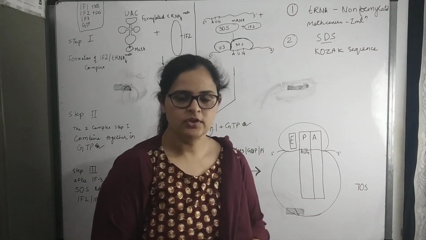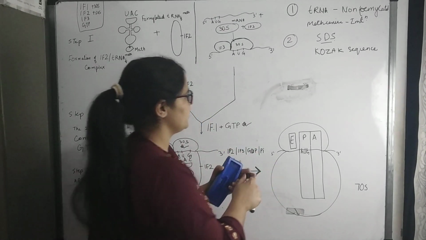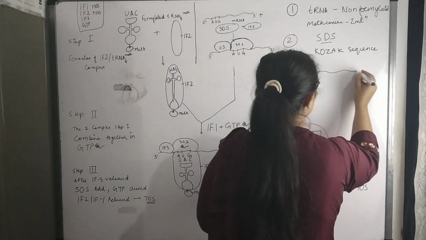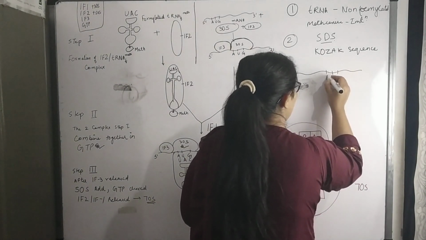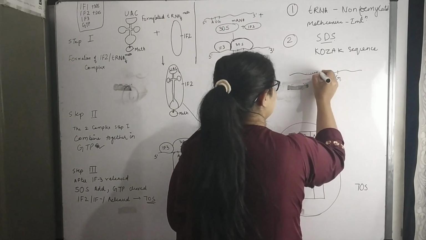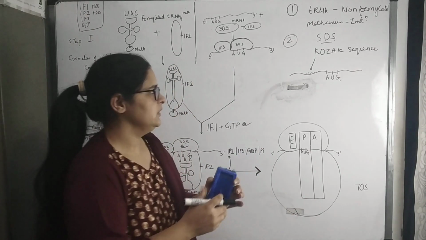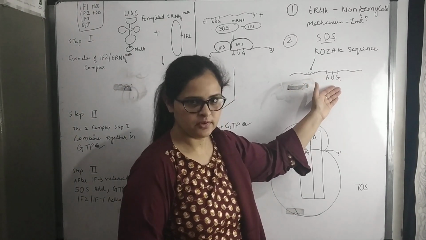They are just upstream to the AUG. Somewhere these Kozak sequences are present, and after this the AUG is there.